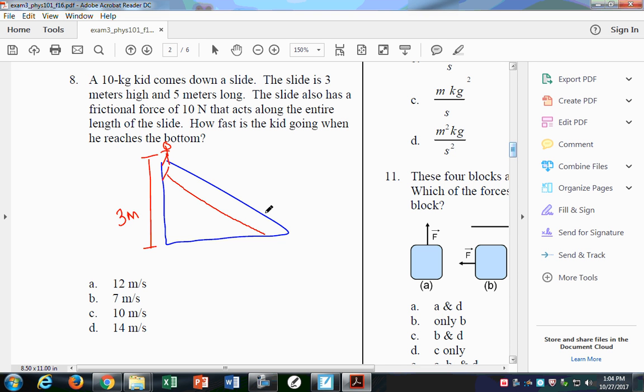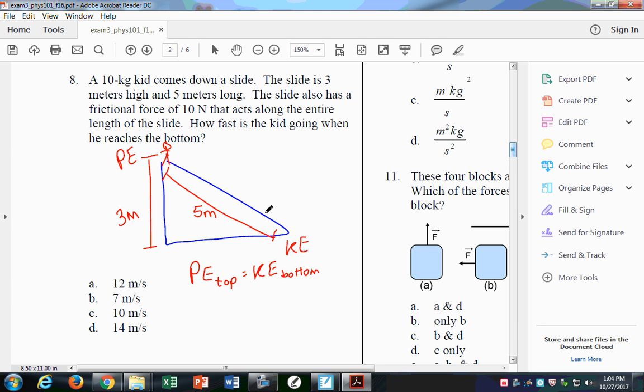So this distance is 5 meters. The slide has a frictional force of 10 newtons that acts on the entire length of the slide. How fast is the kid going when he reaches the bottom? Just forgetting about the friction, we can say this guy has potential energy at the top and kinetic energy at the bottom, and I can set those two equal to one another. The potential energy at the top is equal to the kinetic energy at the bottom.